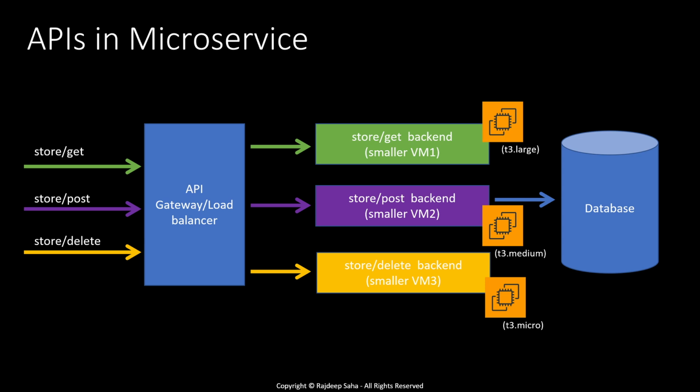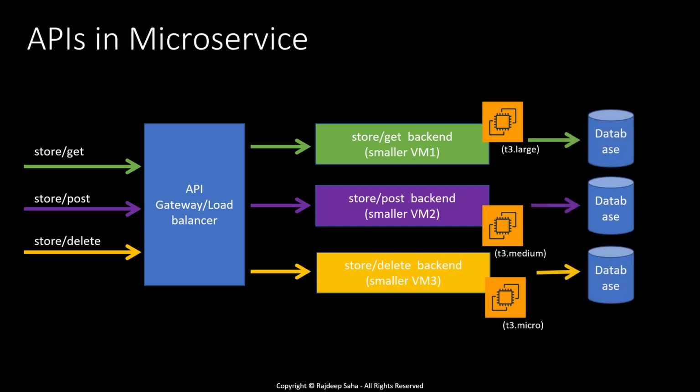Now you might say, Raj, this is not a right microservice because each microservice should have its own different database. Ideally, yes, but in real-world scenarios, it is sometimes not possible to break the big database into multiple small databases.